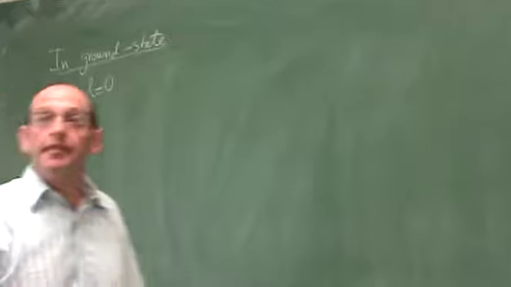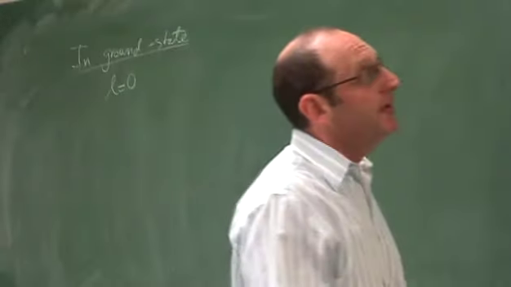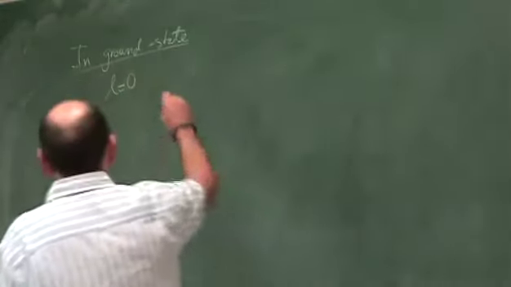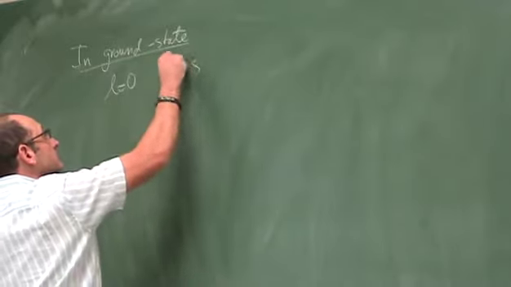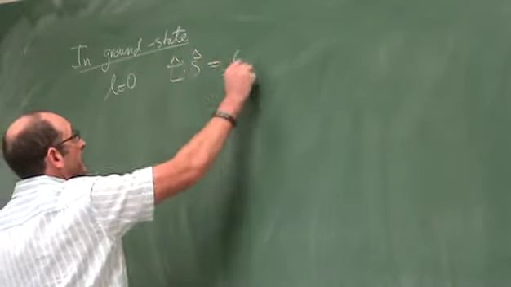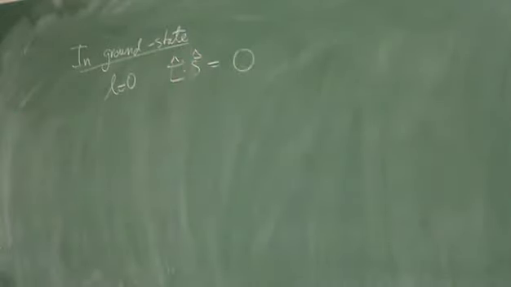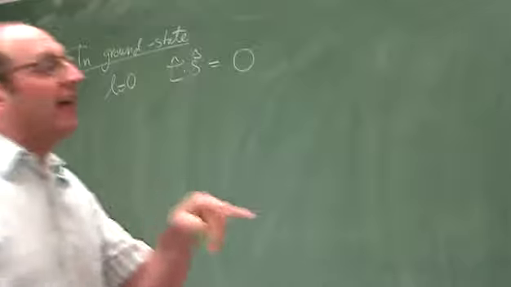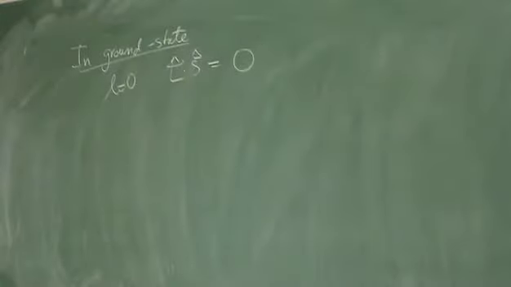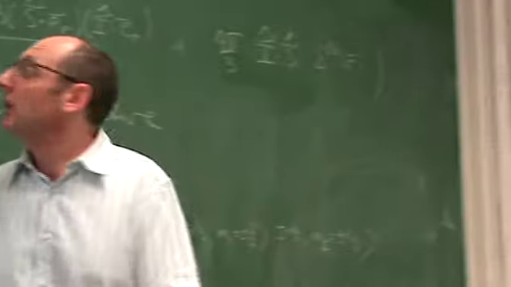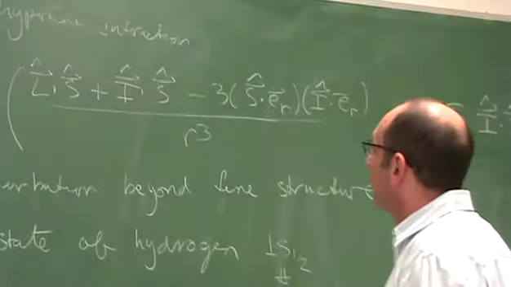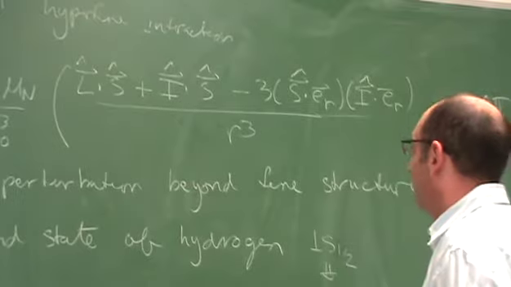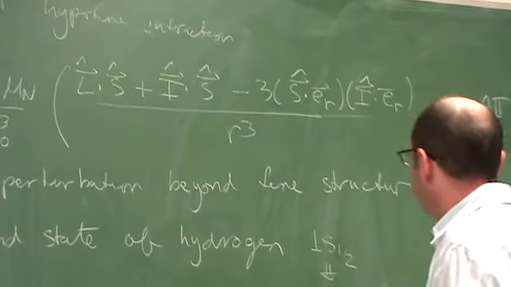So this first term, the L dot S term, is 0. There's no L. L is 0. So that term doesn't contribute. So then we have left over these two terms. So let's look at the matrix elements associated with that.